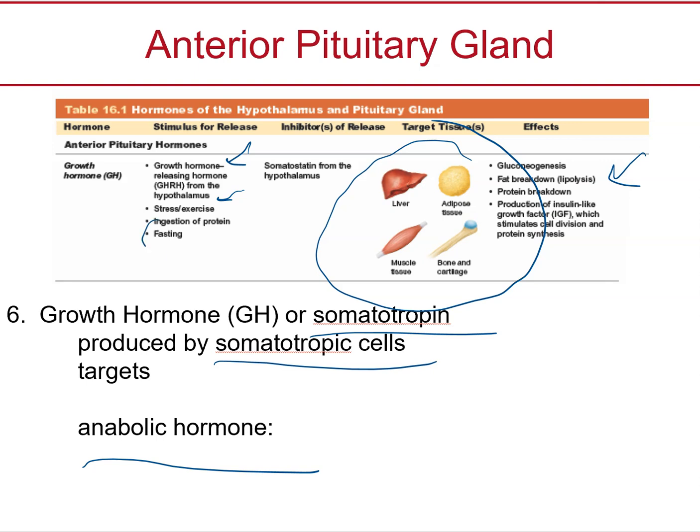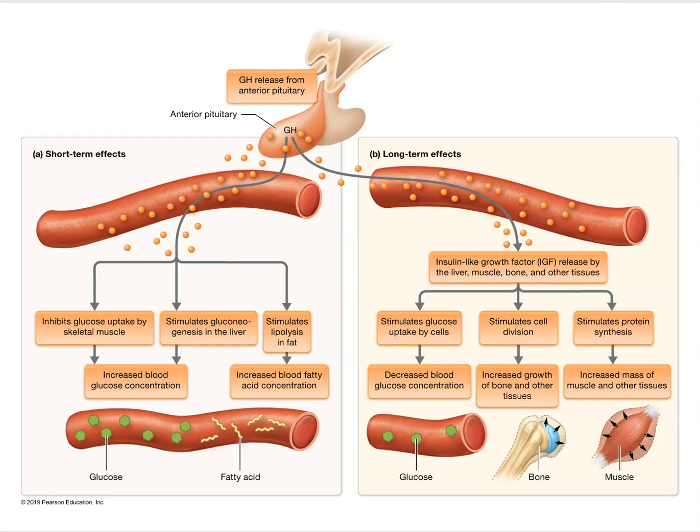There's some evidence with fasting, although I'm going to leave that with a question mark. And another thing we know that triggers growth hormone is deep sleep. So it's released when you sleep. And you might have kids and swear that they grew overnight. Well, if you're in a deep sleep, you do release growth hormone. And we also know exercise stimulates its release. And so again, when it's released, it's going to increase all those anabolic effects.